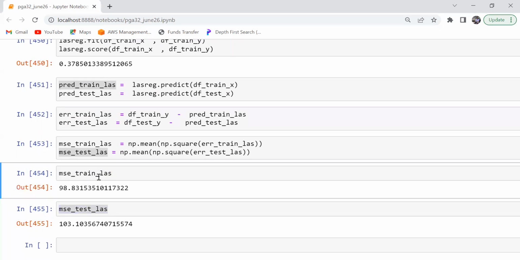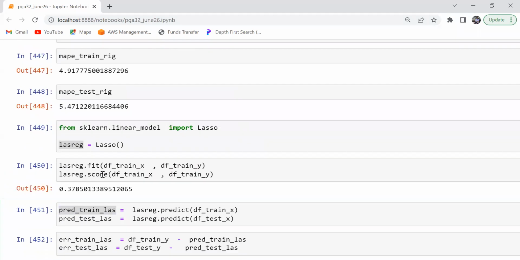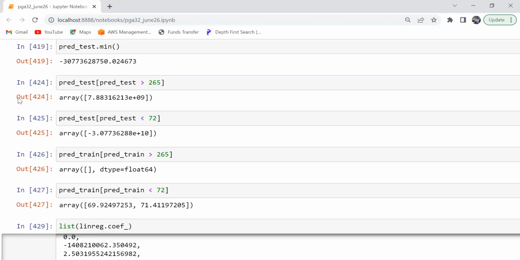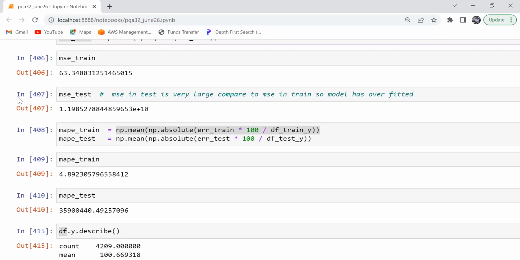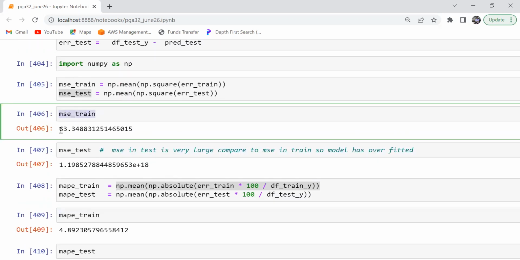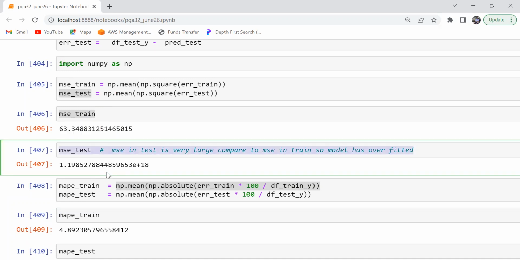If you compare your MSE in Lasso with your MSE in linear, MSE in linear कहाँ था? What was my MSE in linear? MSE in linear regression train was 63, but MSE in my test was infinite.